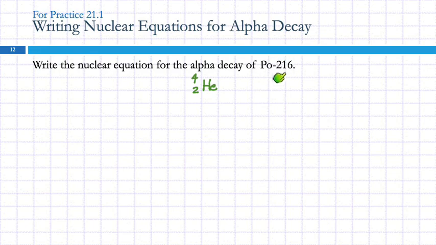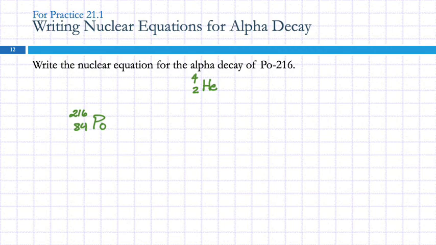So this is what we're starting with. This is the element symbol and the mass number. So we've got Po, 216, and we look up the atomic number on the periodic table. Po is number 84. 84 protons.